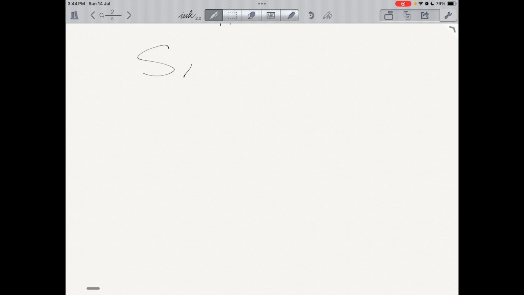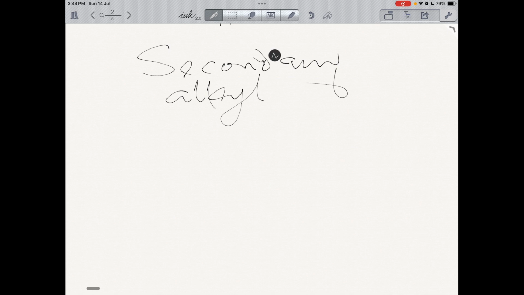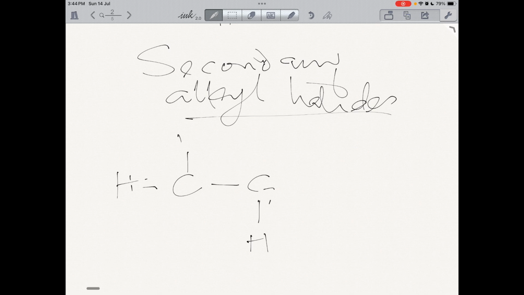You can also have the secondary alkyl halide. That is when the halogen is connected to a carbon atom that carries only one hydrogen.